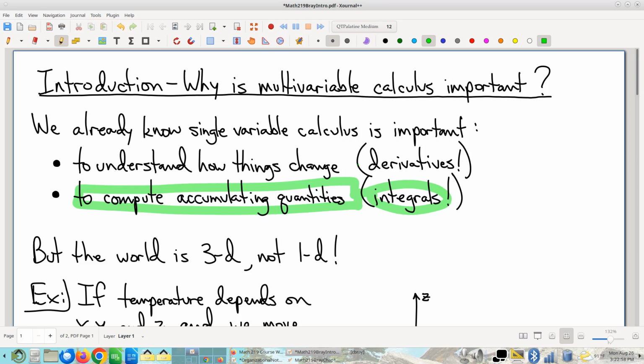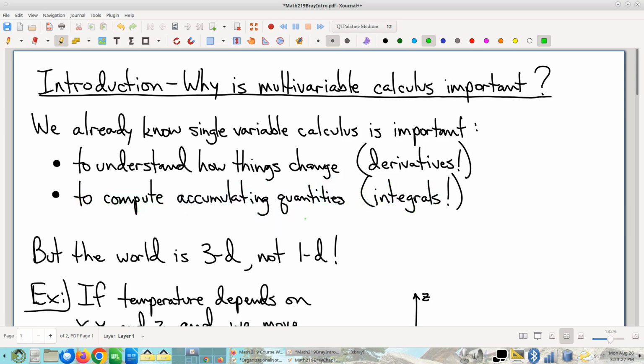The real reason that integrals are super important in applications is because there are tons and tons of what I like to call accumulating quantities, stuff where the whole is the sum of parts. There are lots and lots of those in endless contexts. Integrals are one way of computing accumulating quantities. So, super important stuff.